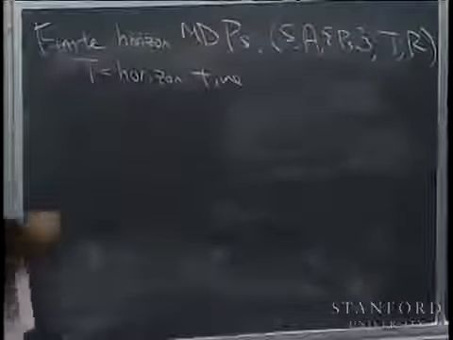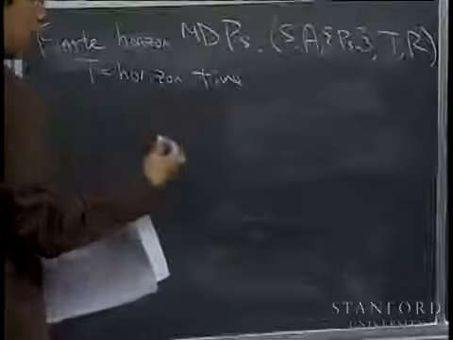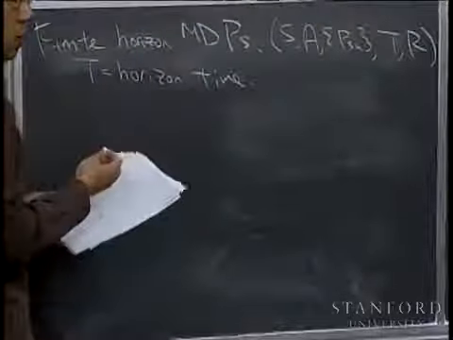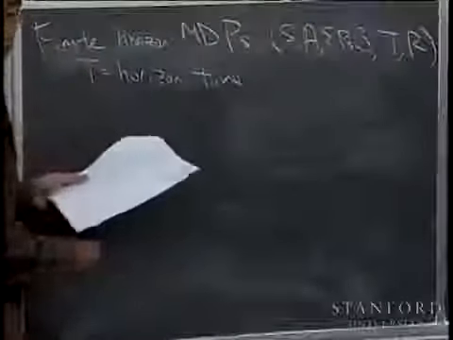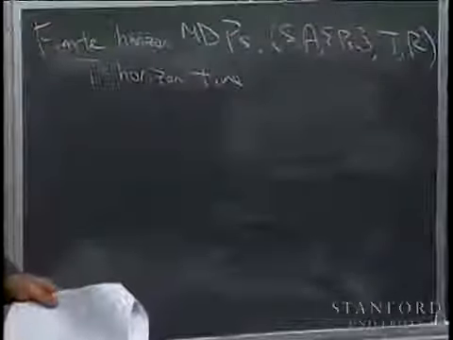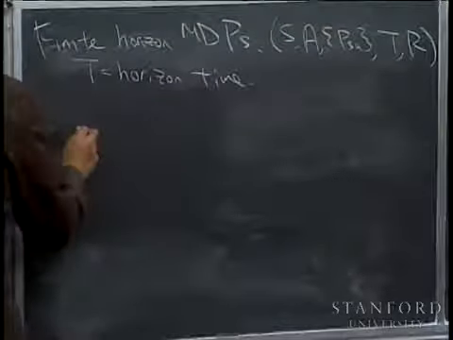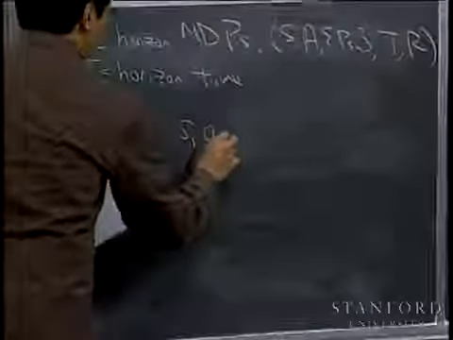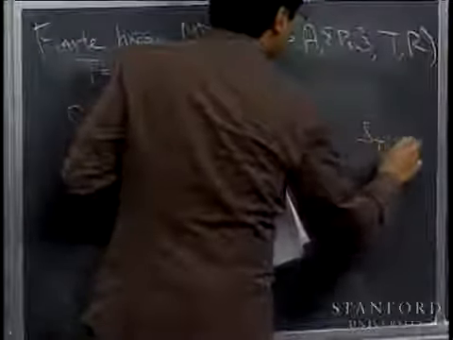Concretely, what this means is that we'll be taking actions in the MDP only for a total of capital T time steps. So we won't use discounting anymore. In some state S0, take action A0, get to some other state S1, take action A1, and so on, and eventually you get to some state ST, AT after T time steps.